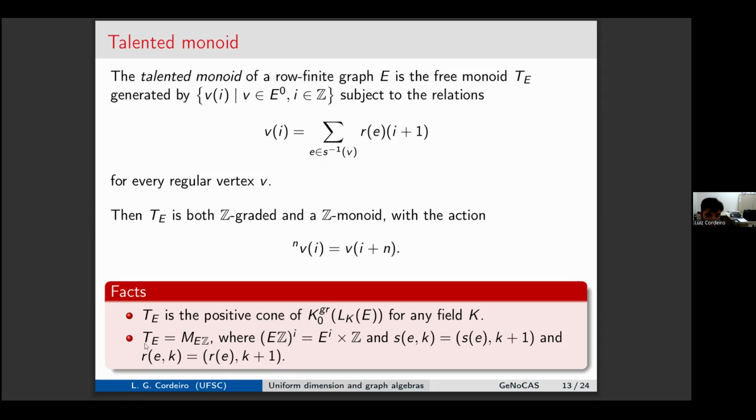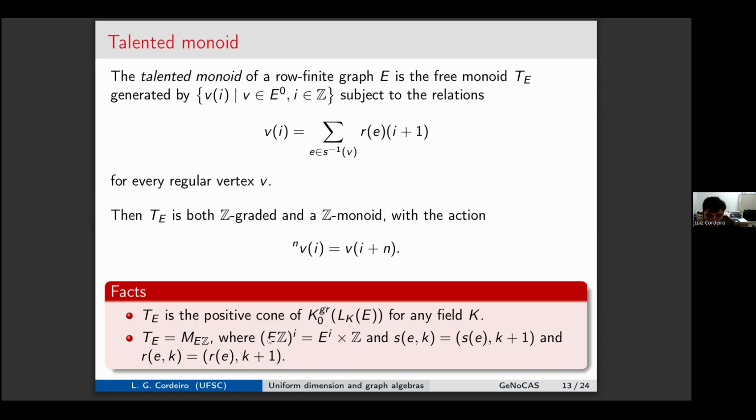And it is actually a particular case of a graph monoid, which is constructed from the original graph as well, by also adding markings to the vertices and the edges of the original graph, which are very similar to the construction of the talented monoid.